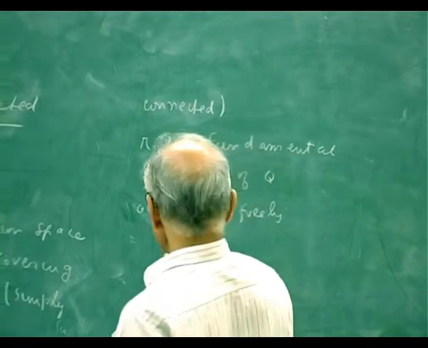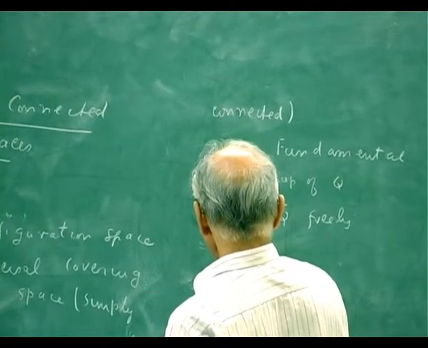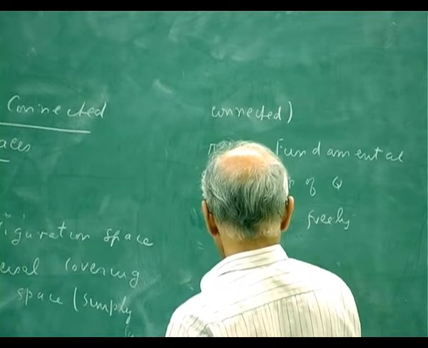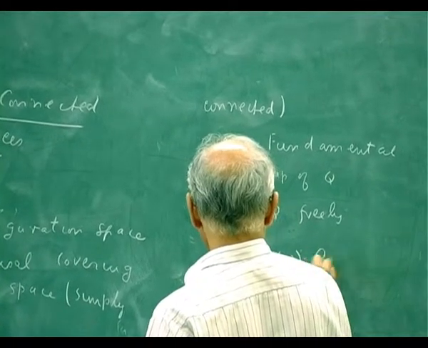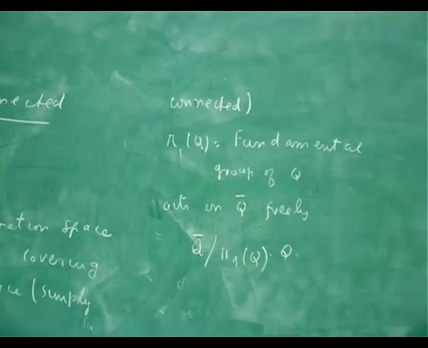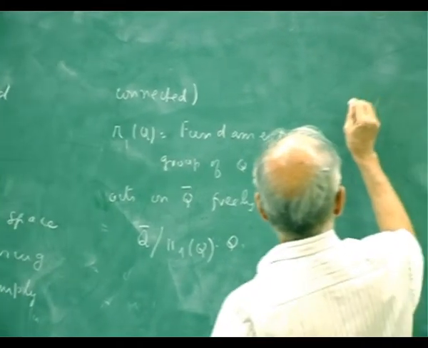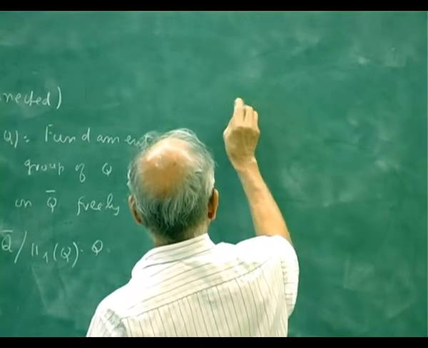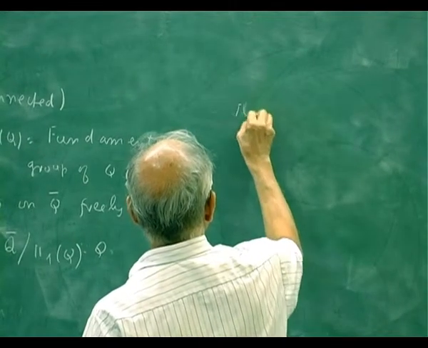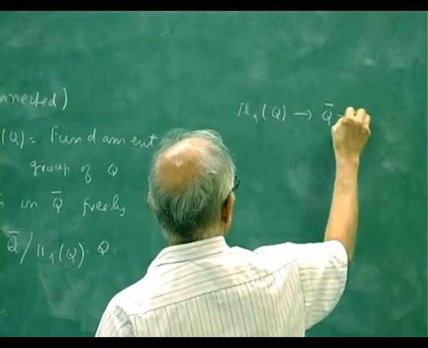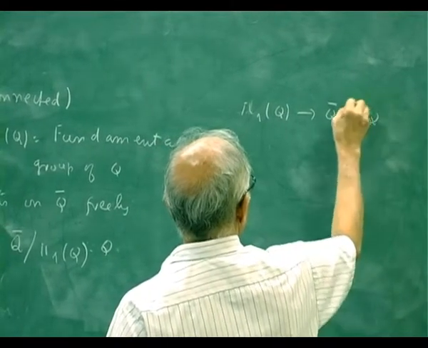So as said, this Q bar quotiented by pi_1 of Q is Q. Right? So you identify points which are connected by pi_1 of Q, and you get this bundle. This bundle: pi_1 of Q acts on Q bar, giving the projection map.